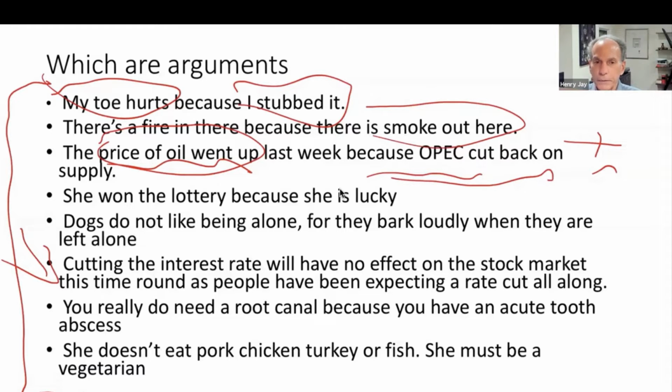What's the claim? No effect of cutting the interest rate on the stock market. This is the claim. Right. Okay, good. That's a claim.